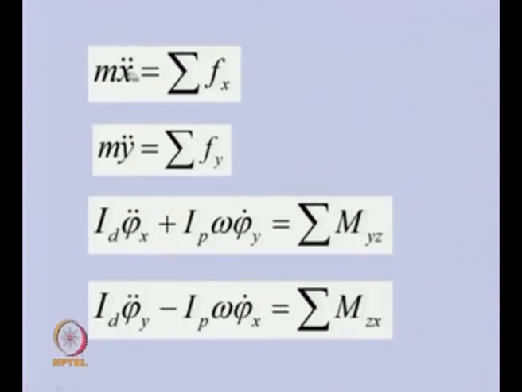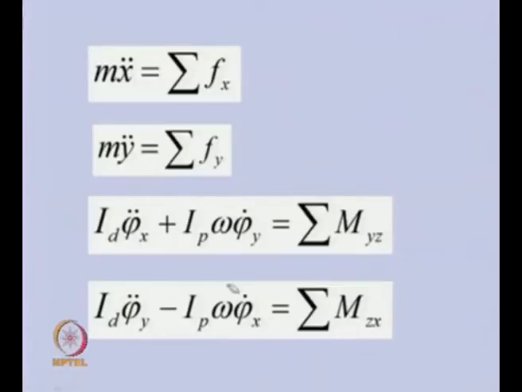So these two are basically translatory motion, because the gyroscopic effect is not present in this. So this will be simpler. So we will not consider this particular thing. Now the gyroscopic moment: you can see this is the external moment in the YZ plane, and this is the inertia term, one due to the angular acceleration and another due to the gyroscopic couple.